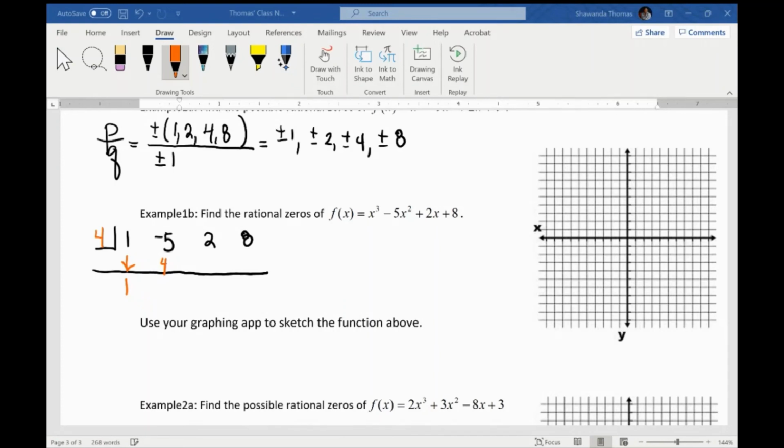What's the next number? -1. All right. Other than Kenneth, Alicia, and Nikiria, what's the next number? -4. Was that you, Monisha? Yes, ma'am. -4. What's the next number? -2. All right.